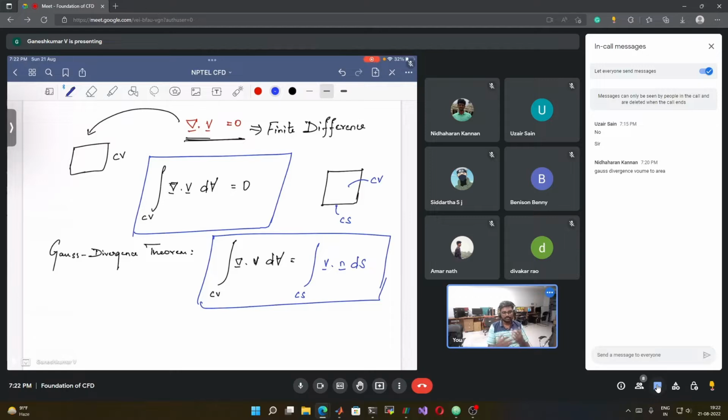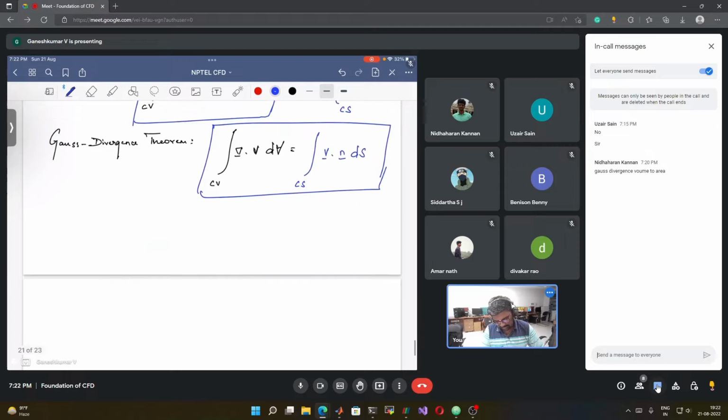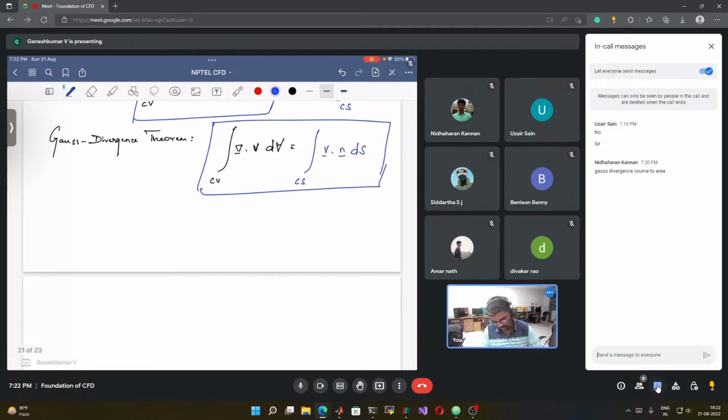That is usually the finite volume method. After integrating that equation over a control volume, you apply the Gauss divergence theorem to get v dot n ds. So this is what finally becomes the part you will solve for. Let me write it separately.